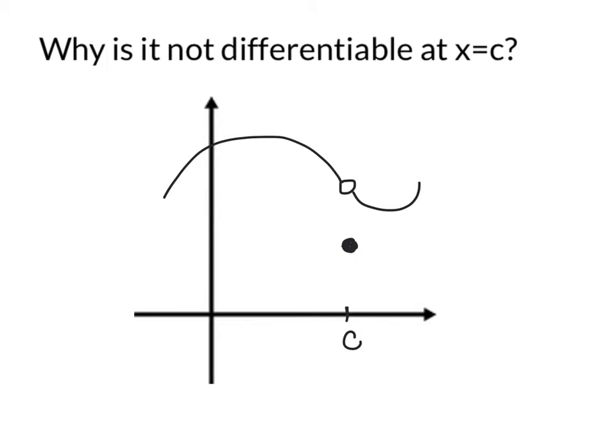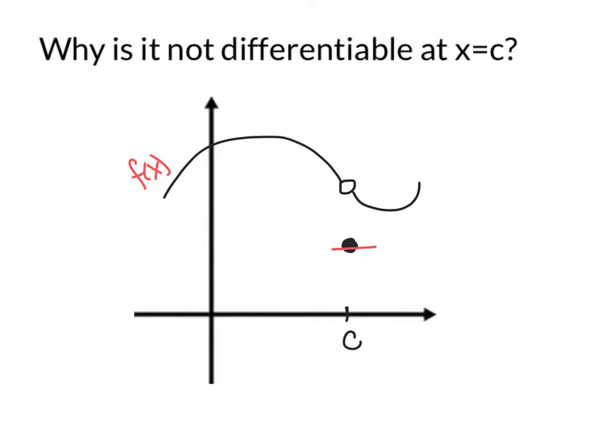But now I've got the same function, f of x, but this time it is defined at c. C is this point set aside from the rest of the function. And why this one would not be differentiable is because, think about that tangent line definition. What does a tangent line look like at c?